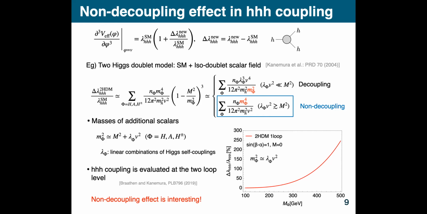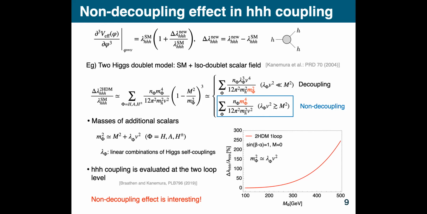On the other hand, when we consider the case where the second term is leading in M5, then this deviation is proportional to the fourth power of M5. Therefore, when we take large M5, the triple Higgs boson coupling can significantly deviate from the standard model prediction. This behavior is the so-called non-decoupling behavior.